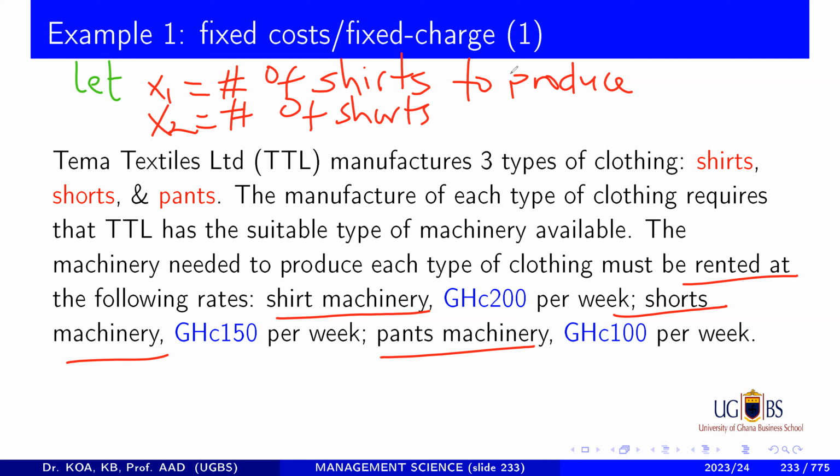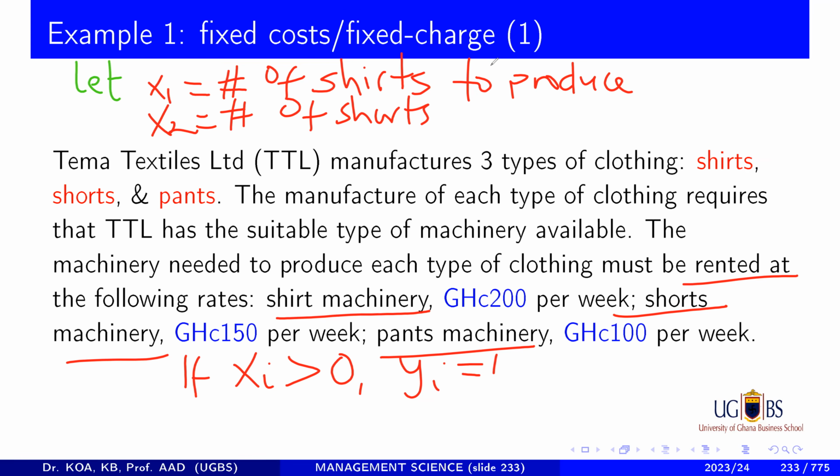we need to understand something here. The first thing is that before I can produce a particular cloth, watch it, if X1 is positive, that's what I've said. Before I can produce a particular clothing type, then I must have incurred the machinery type for that.